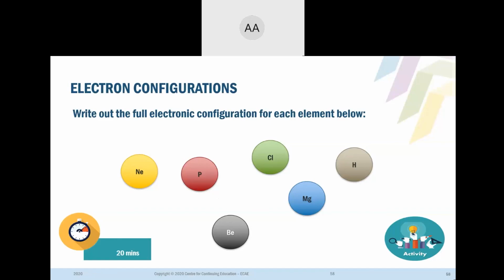And just to wrap up the activities for today, what we'd like you to do is to draw the electron configuration for each element and then use Aufbau's principle and Hund's rule to depict the electron configuration in a diagram. So have a go at that for 20 minutes and let's see how you do.